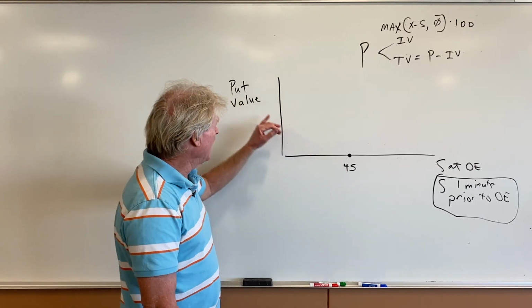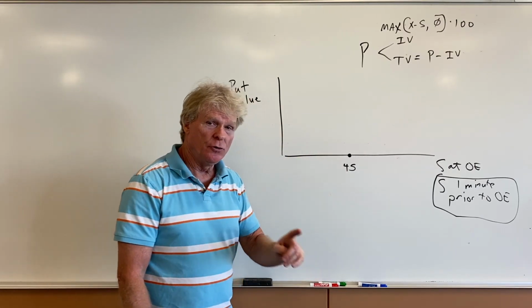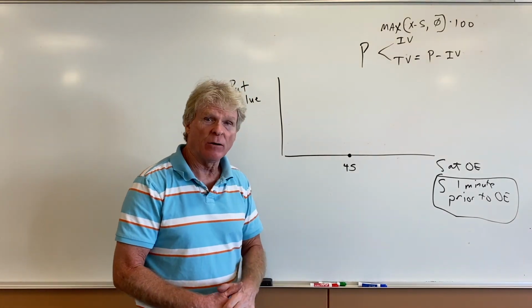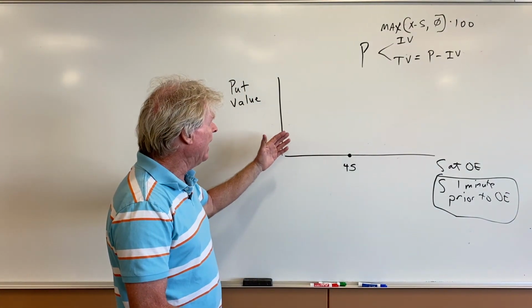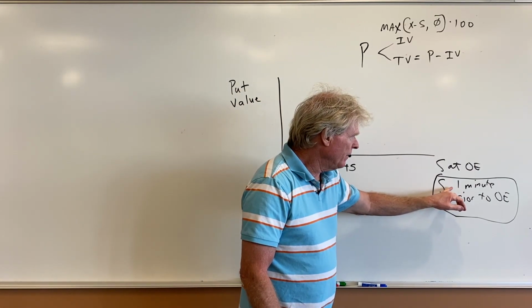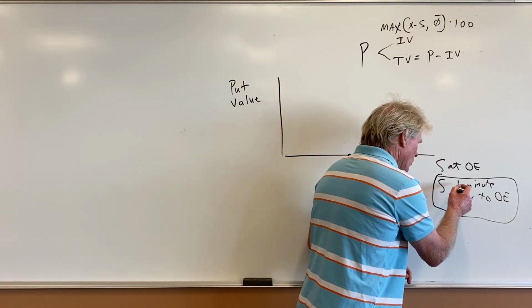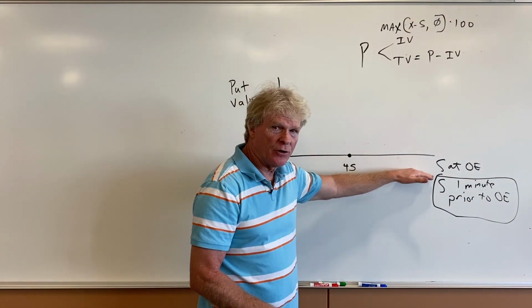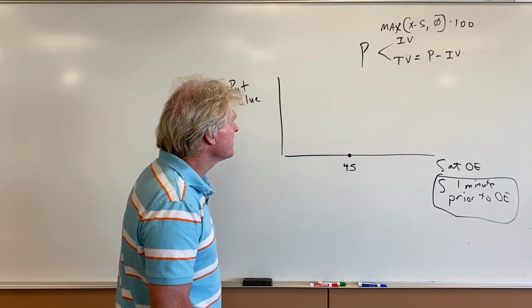Okay, so as the owner of this put, you have the right to sell 100 shares of stock at a price of $45 a share. And our goal here now is to see, at a point in time when the stock price 1 minute prior to OE is a bunch of different values as indicated on the horizontal axis.